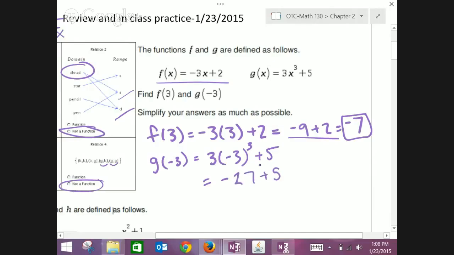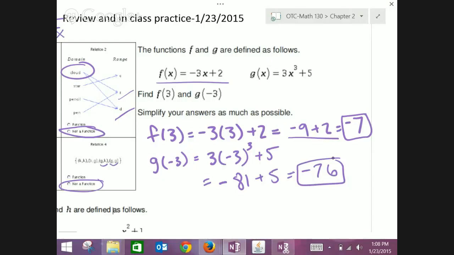Is it 27? 27 times 3, yeah. 27 times 81, thank you. So this would be minus 81 plus 5, which would give me minus 76. So, sorry, my brain doesn't work all the time either. Like 3, 3, 3, 3, how many 3s is that?